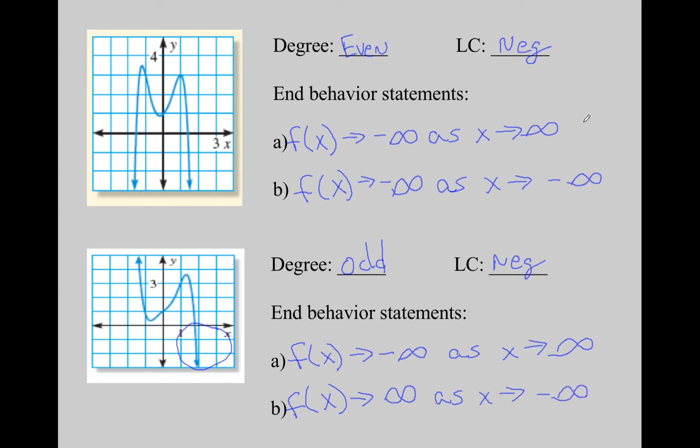Remember I told you, right side always looks like this, left side always looks like this. If you follow a pattern, right side always looks like this, left side always looks like this.